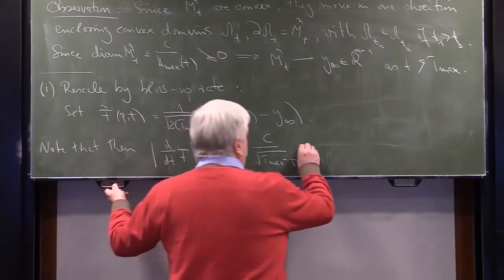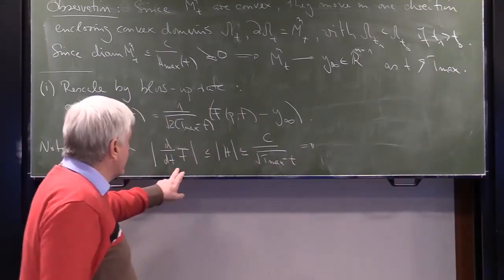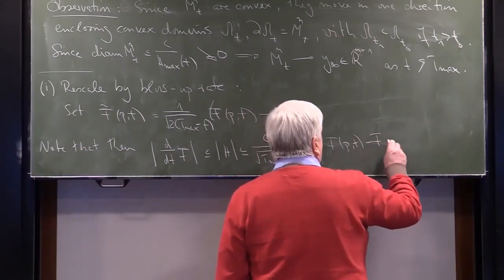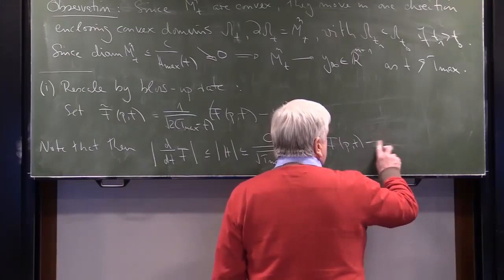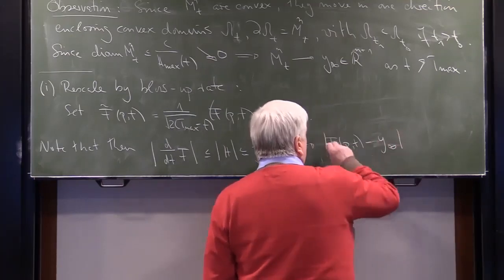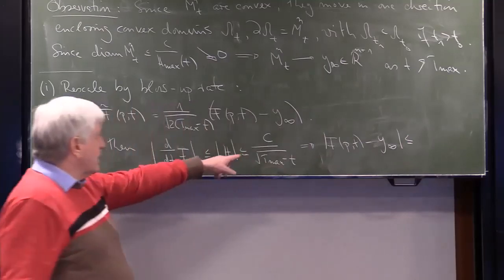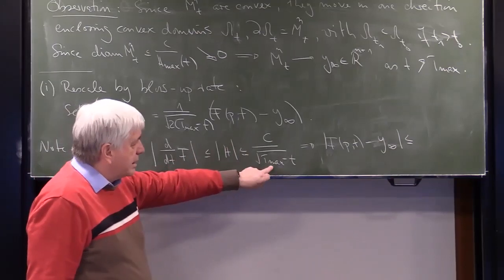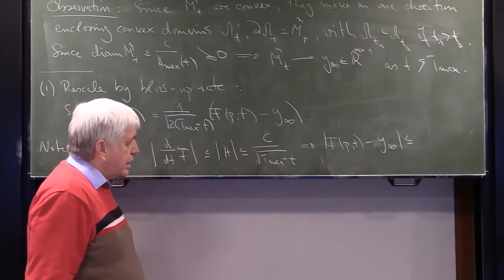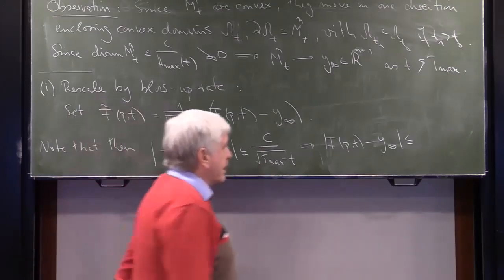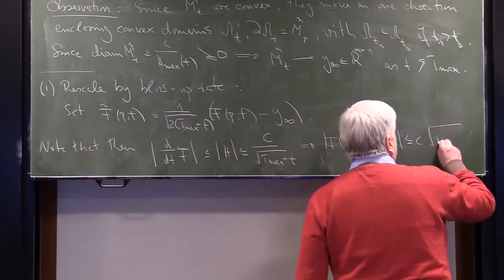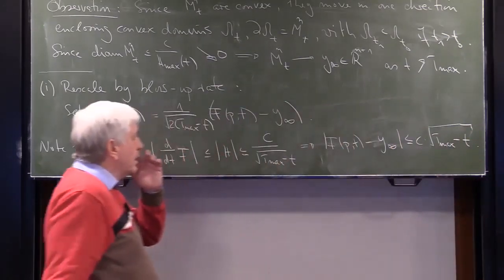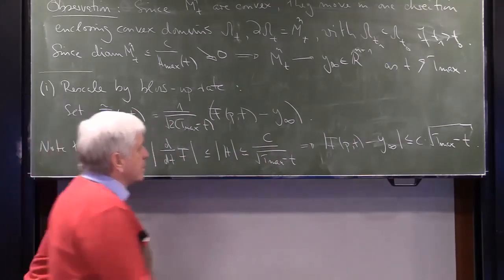But if you integrate this, you get that f of p,t minus f at T max, which is y infinity, is less than integrating this from somewhere to T max, but this integrated gives you square root of T max minus T. So you get some square root of T max minus T, which means that this is bounded.